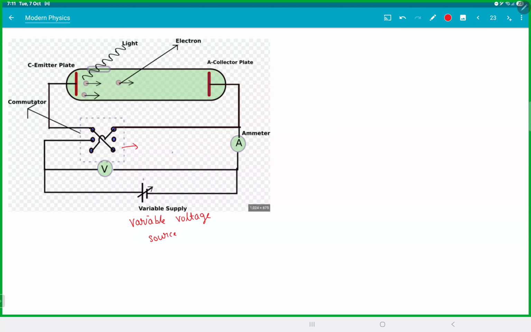You can see here clearly, if I connect this terminal and this terminal, or this terminal and this terminal, you can change the battery terminals, positive, negative. So instead of changing the battery every time, you can just use the terminal. This is useful to change the polarity of the battery.